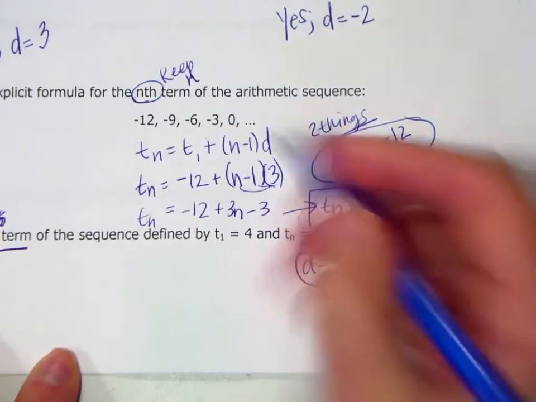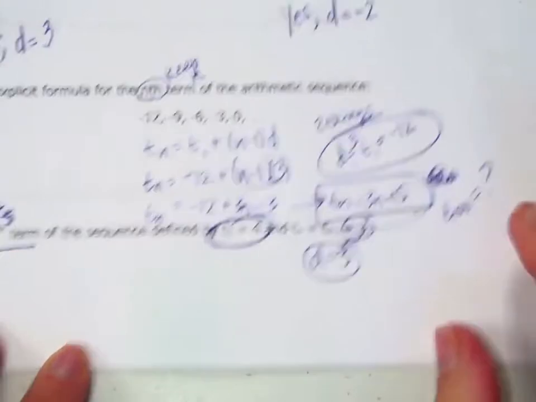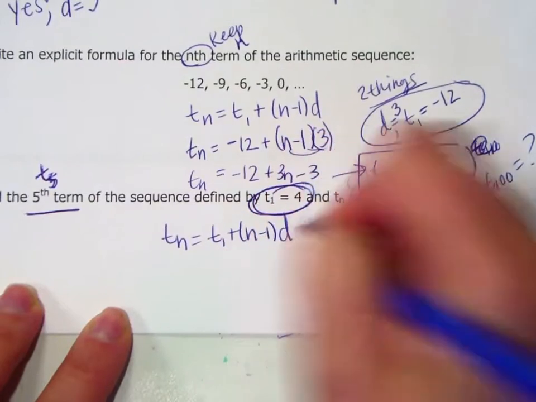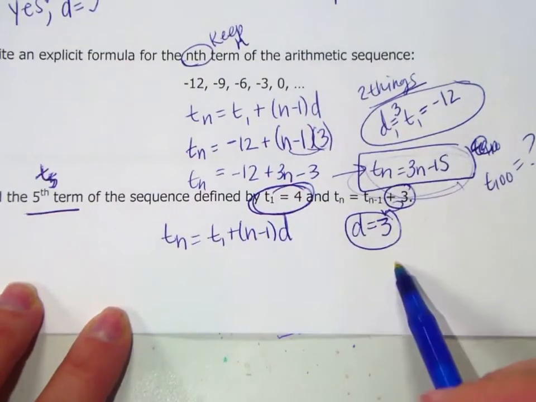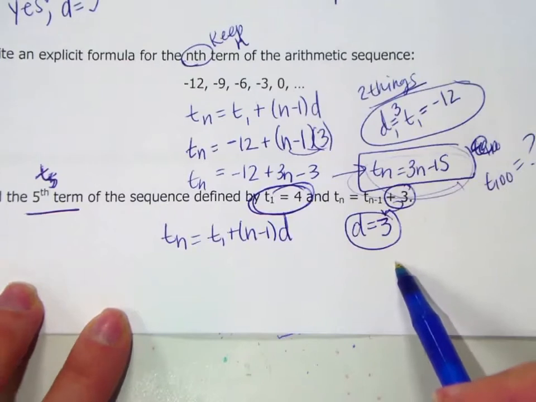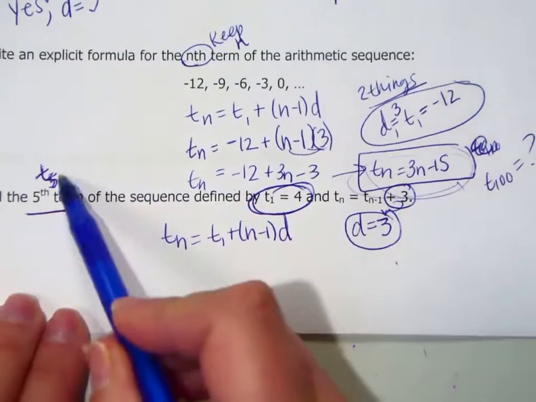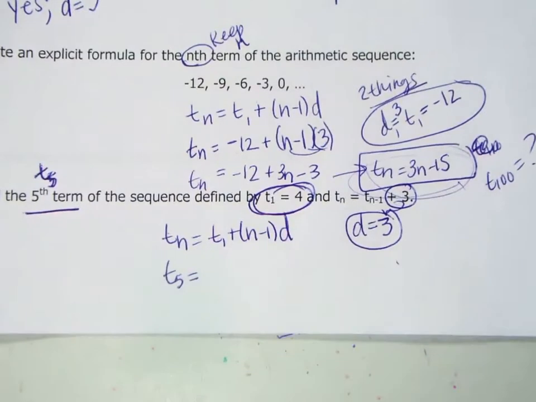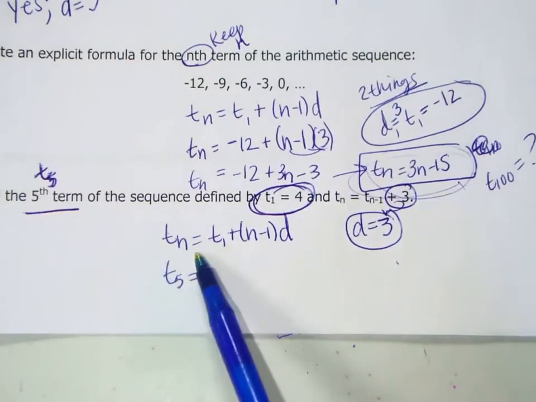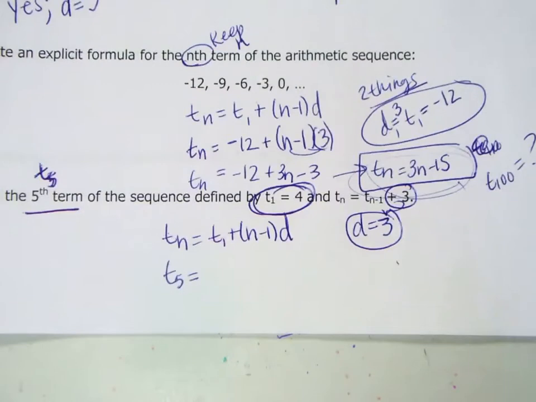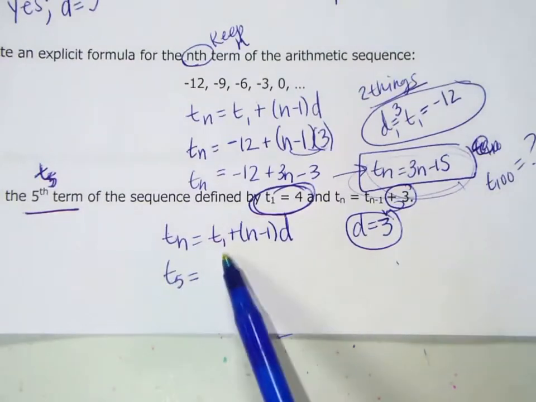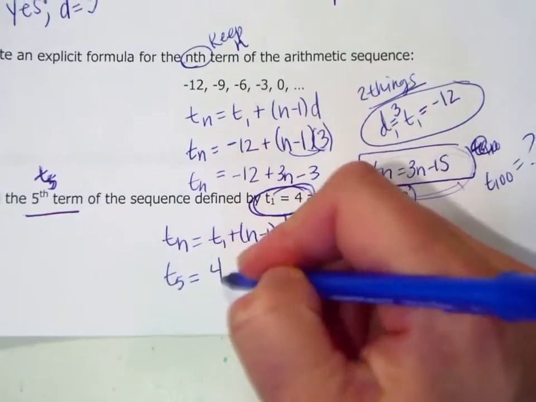We have the common difference, we have the first term, so I can use that explicit formula now. Use those two pieces of information to find the fifth term. Because I'm looking for the fifth term, I will have T sub 5 instead of T sub n. That's going to equal T sub 1, our first term is 4.